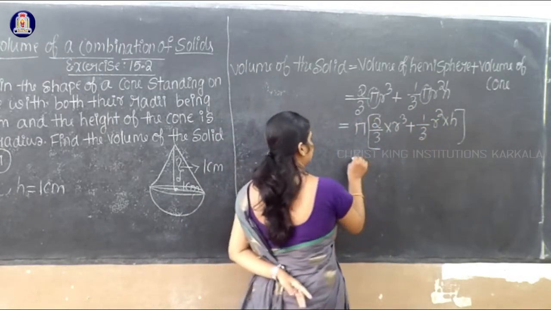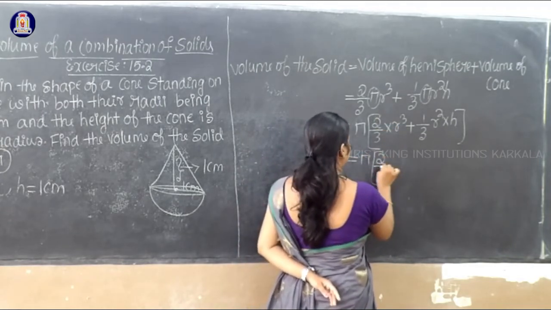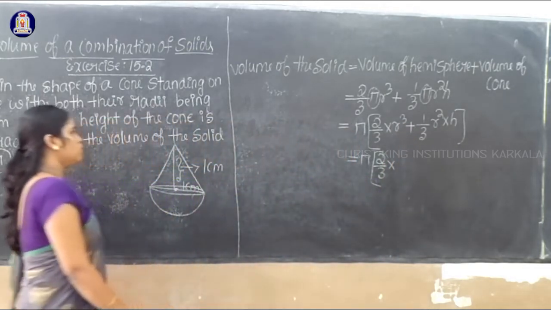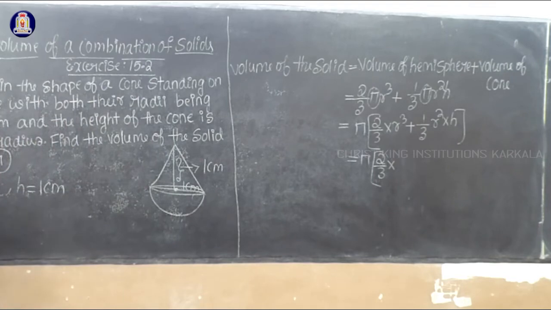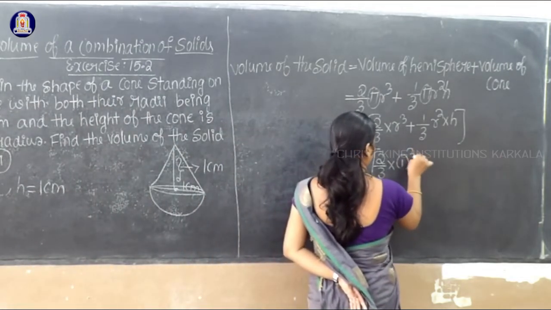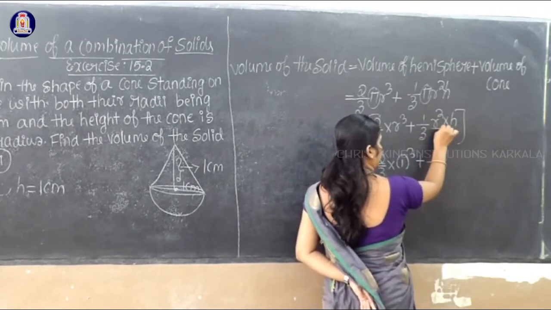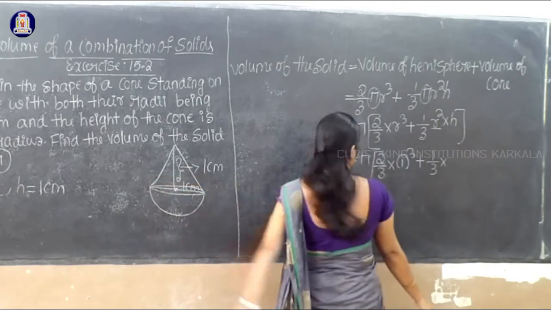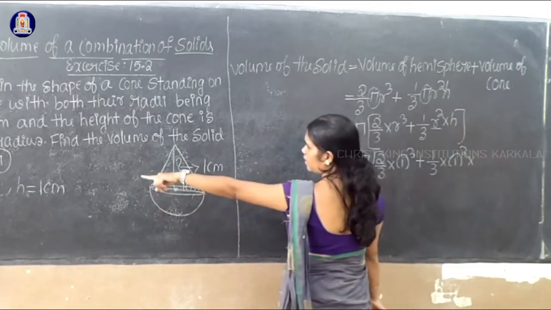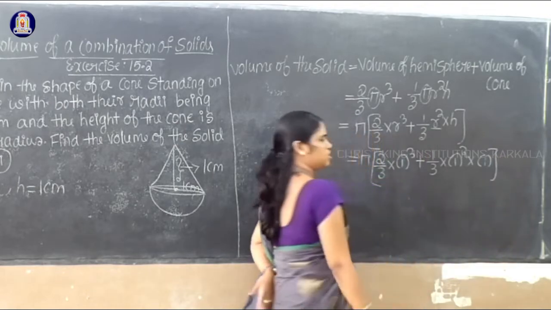So this is equal to pi into 2 by 3 into r cube. What is the value of r here? R is equal to 1 centimeter. So therefore r cube is nothing but 1 cube plus 1 by 3 into r square, in the place of r substitute the value, 1 square into h. What is the value of h? H is equal to 1. So in the place of h, substitute 1.